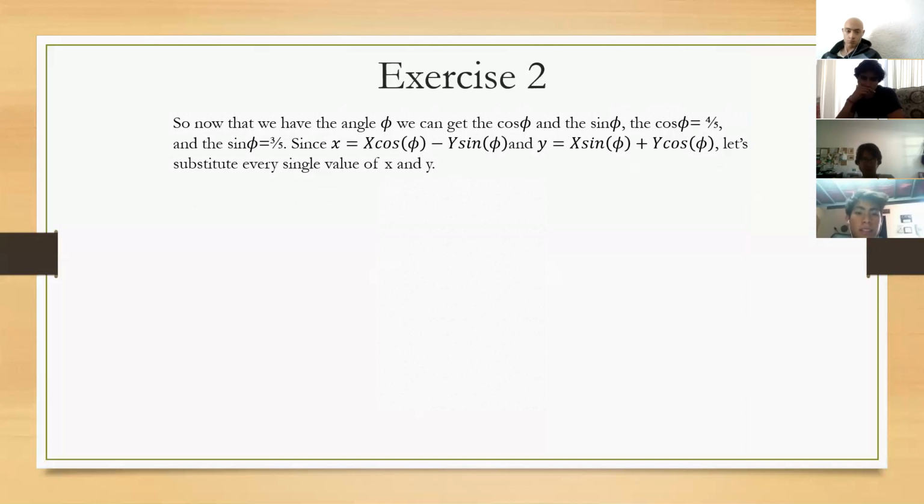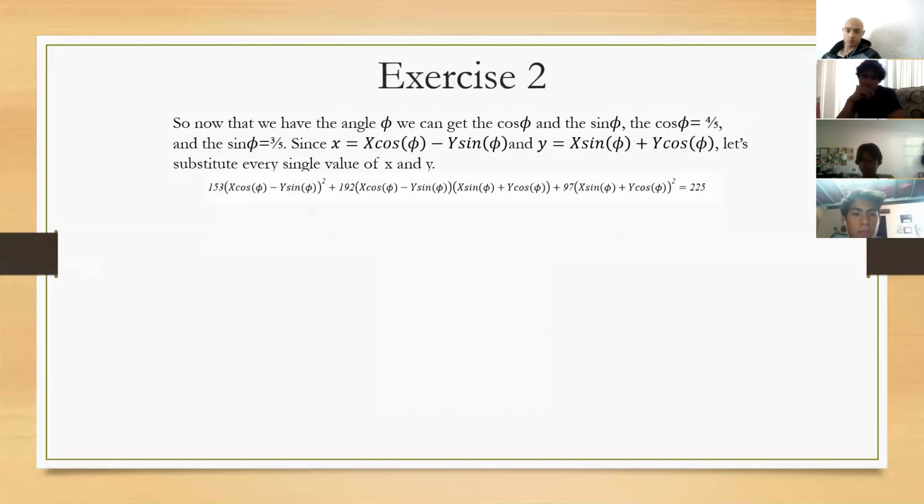Since x is equal to x prime times the cosine of phi minus y prime times the sine of phi, and y is equal to x prime times sine of phi plus y prime times the cosine of phi, let's substitute every single value of x and y in the equation.